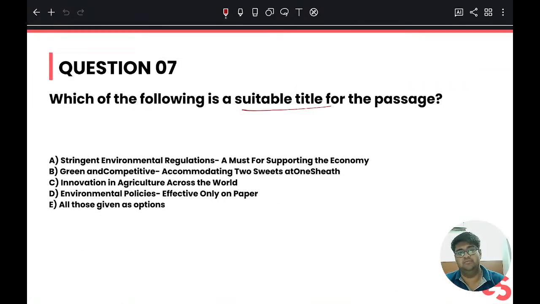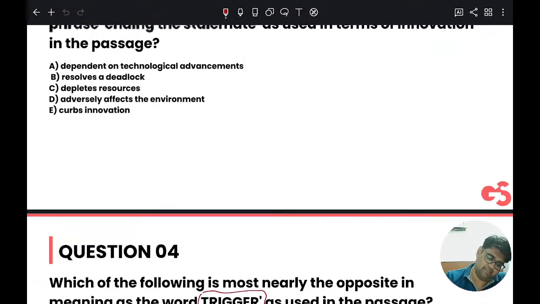So this is the last question. So let's start with the passage.